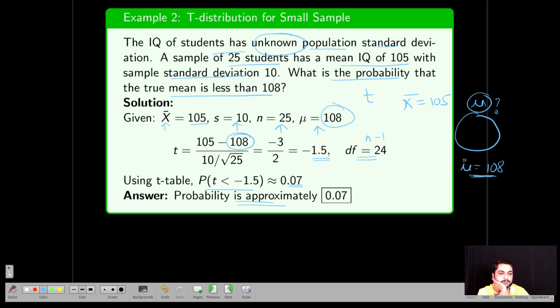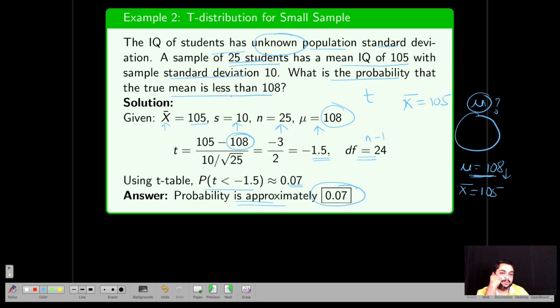So now I will calculate the sample mean. I have taken a 25 student sample and the sample mean I got is 105. Now with what probability is this less than this? So if I take this 105 and calculate the probability, I'll get 0.07.